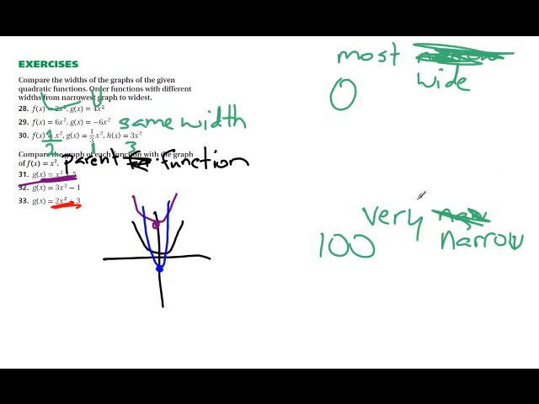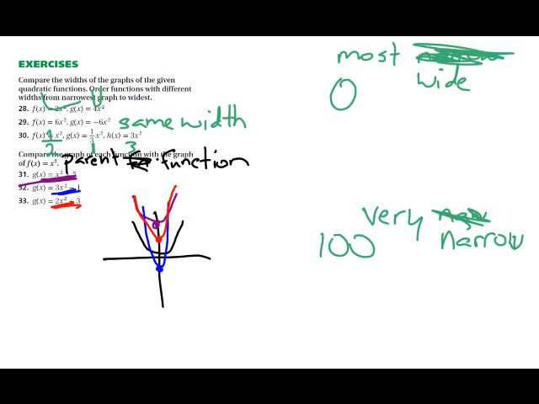So plus 3 would be in between 0 and 5. 2x squared will be a little bit steep, but not quite as steep as our 3x squared. So this is getting kind of messy, but you can get the idea. It's in between x squared and 3x squared as far as steepness.